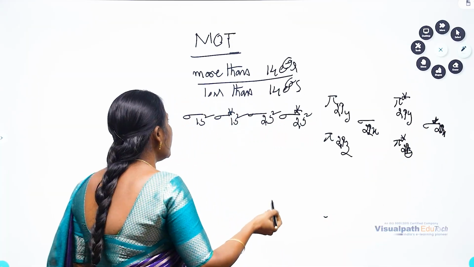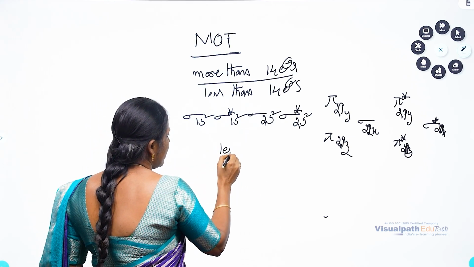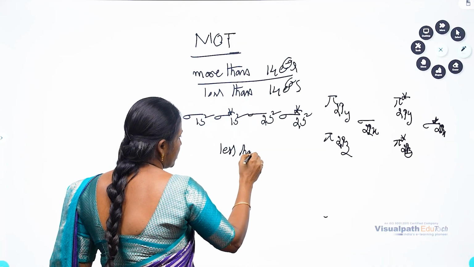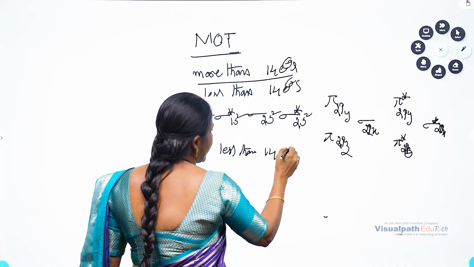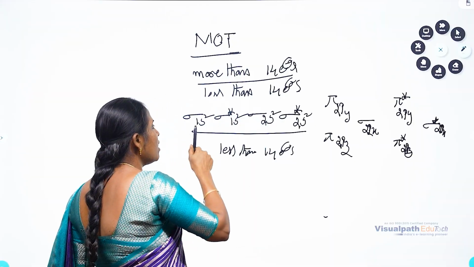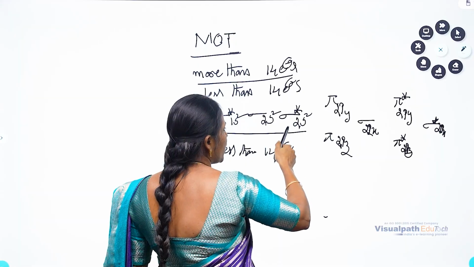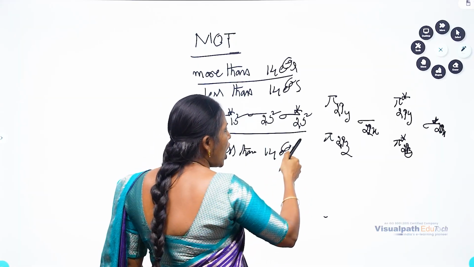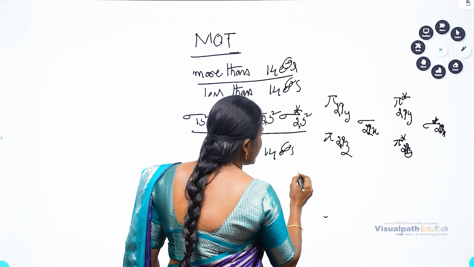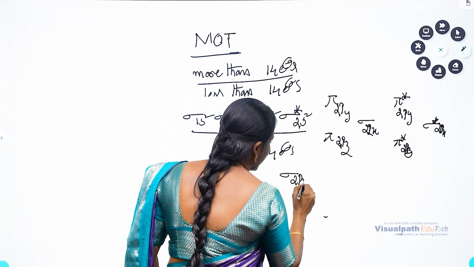Okay, so here it is less than 14 electrons. So the next option is less than 14 electrons. Up to here it is similar. First it enters into the bonding and anti-bonding of the 1s orbitals and the bonding and anti-bonding of the 2s orbitals. After that the next electrons enter into the sigma 2px.